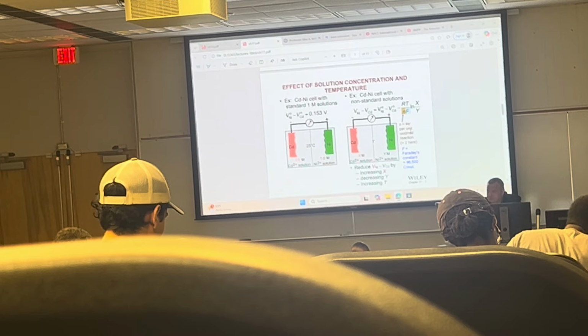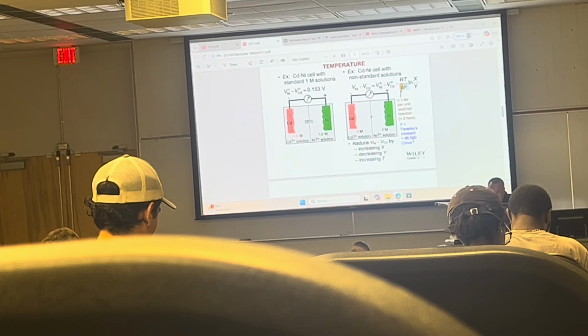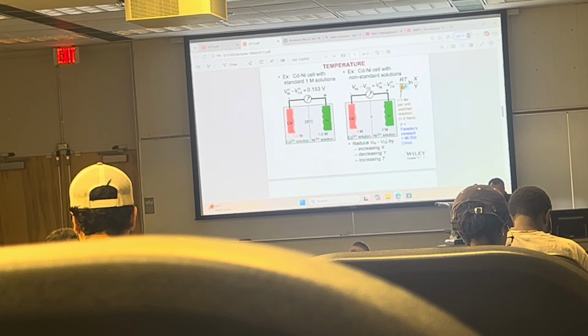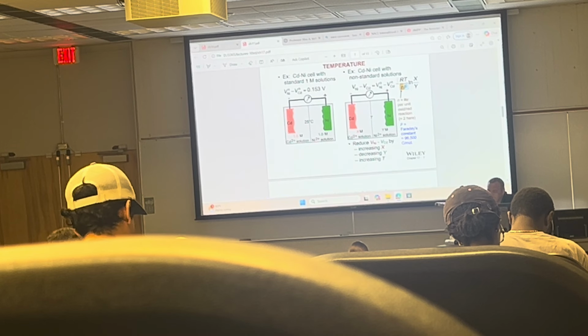In this case, it is 2. F is the Faraday constant, 96,500 per mole. So you can see here that either increasing X or decreasing Y or increasing T has the same effect, because this part is subtracted.